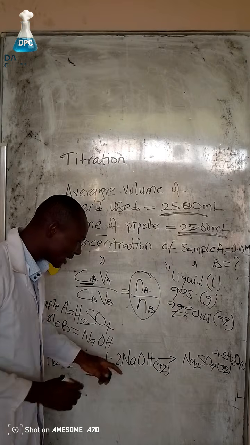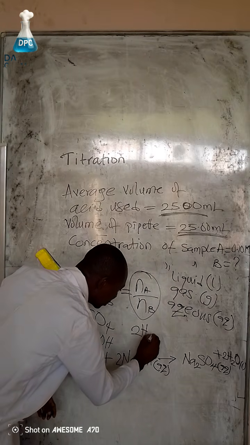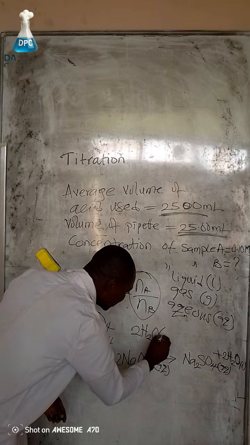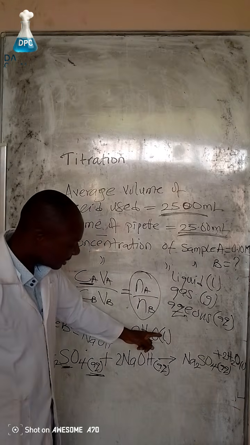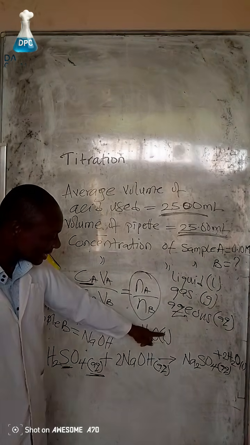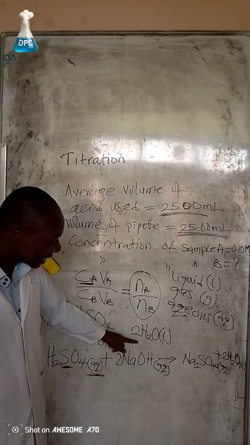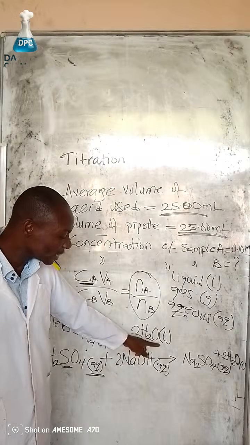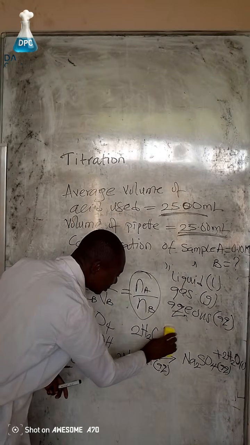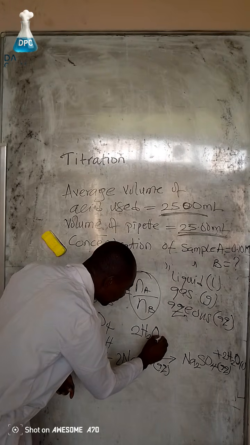If you write water and then you want to indicate the state, and you decide to write small letter L in bracket at the same level, you say you are indicating states. This is not subscript, so this indication is wrong. It's not an indication of states. Rather, what you are expected to do is let it be written in subscript form.